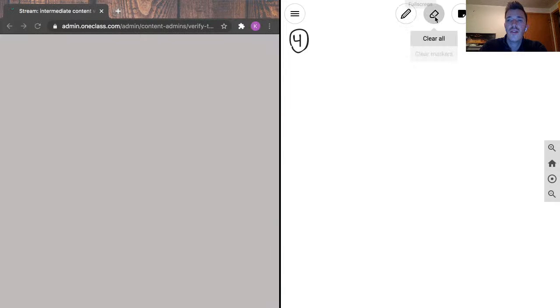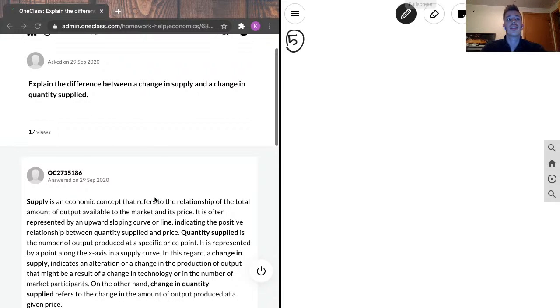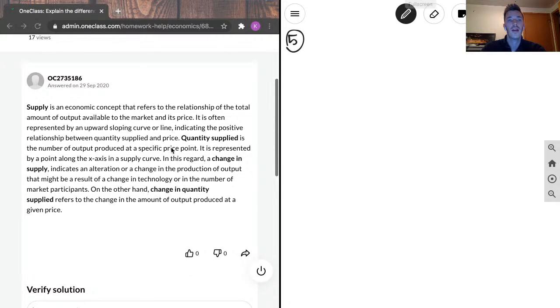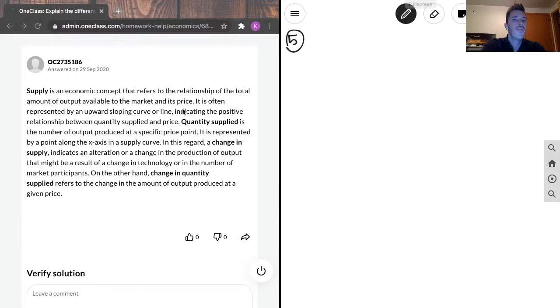Move on to question 5 here. The question reads, explain the difference between a change in supply and a change in quantity supplied. So our junior tutor has written that supply is an economic concept that refers to the relationship of the total amount of output available in the market and its price.